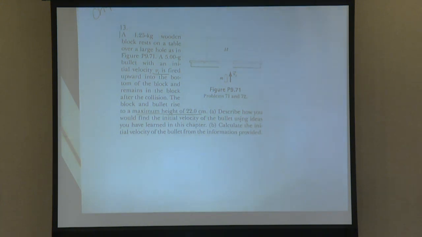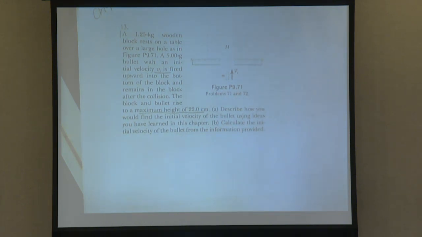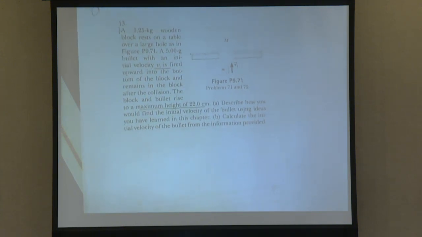So first you want to describe, because what you're looking at here is not just a conservation of momentum problem, but a conservation of energy and conservation of momentum problem. The first thing you need to look at is the change in energy. Your change in potential energy has to be equal to your change in kinetic energy.